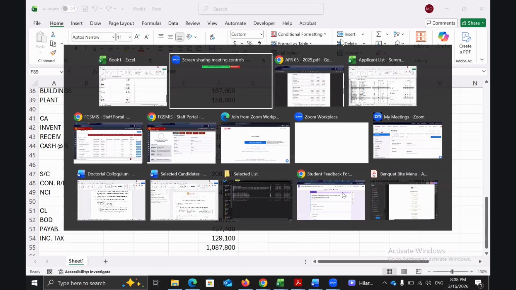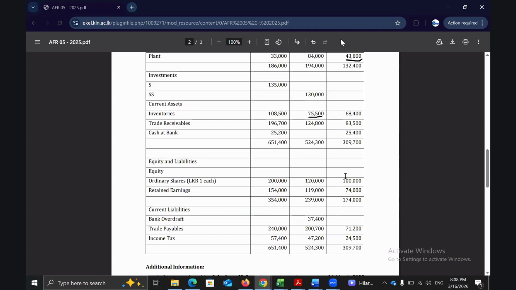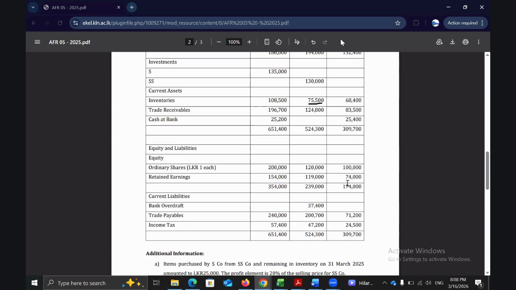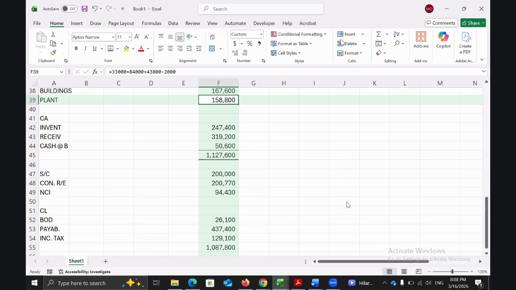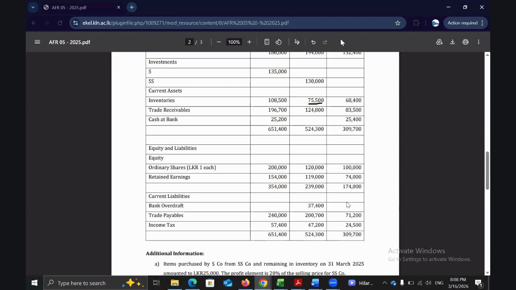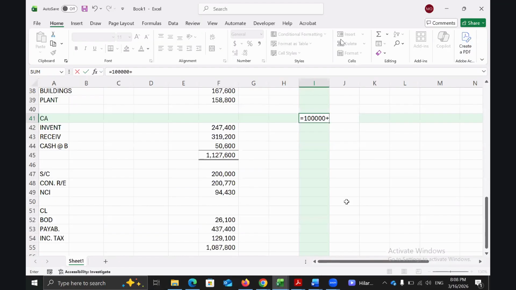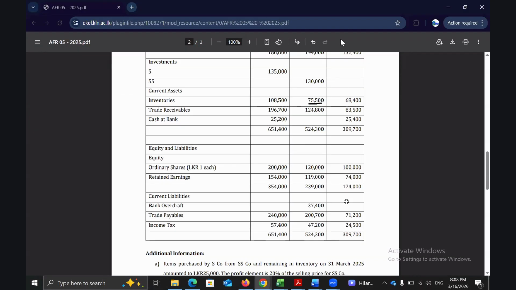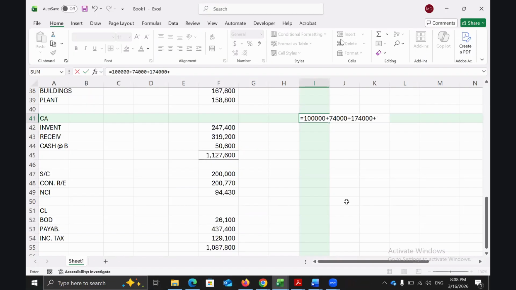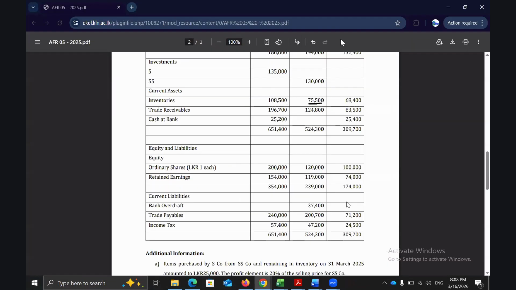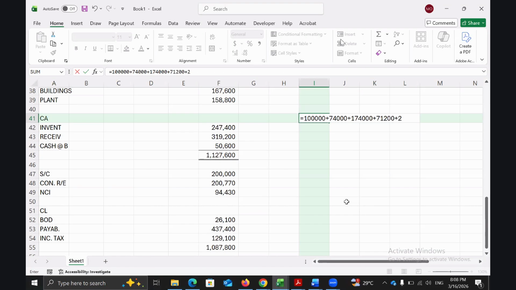Just check whether this total get tallied, I don't think. $100,000 plus 74,000 plus 174,000 plus 71,200 plus 24,500.